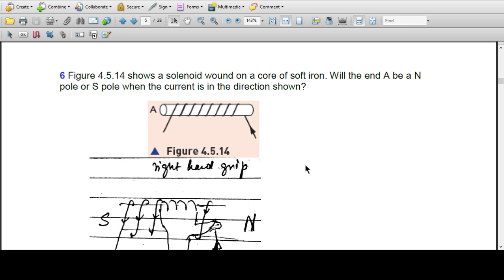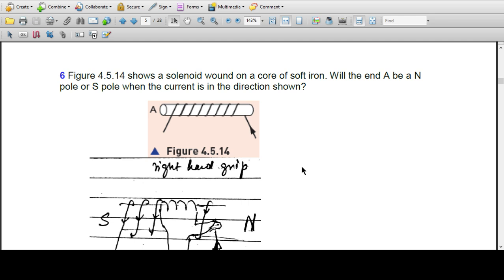Figure 4.514 shows a solenoid wound on the core of soft iron. Will the end A be a north pole or a south pole when the current is in the direction shown?